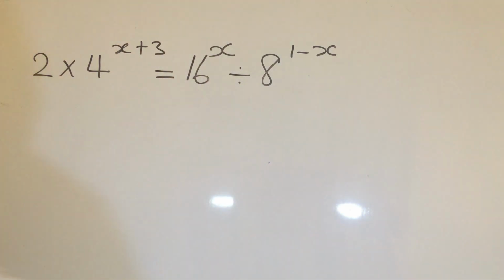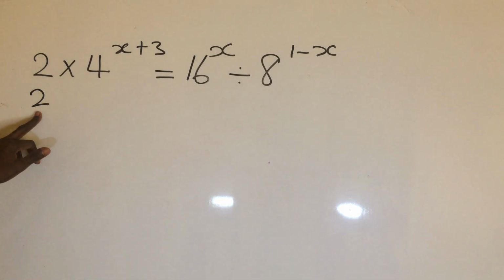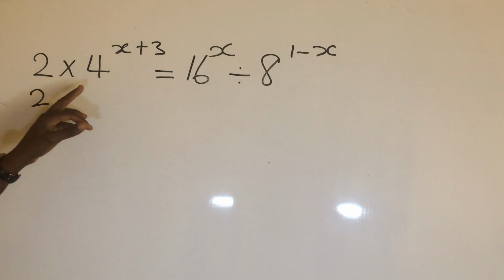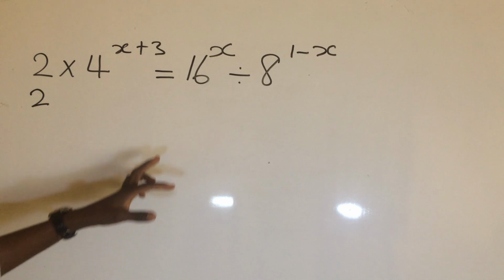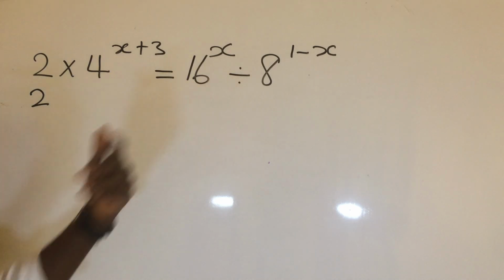Now, let's continue. From our understanding, we need to change everything to base 2, since it is possible to change 4 to base 2, 16 to base 2, and 8 to base 2.